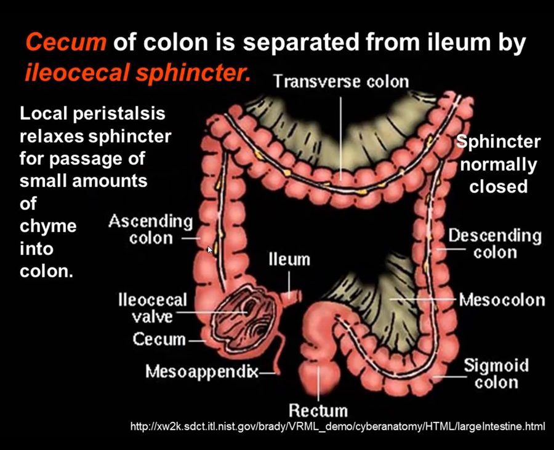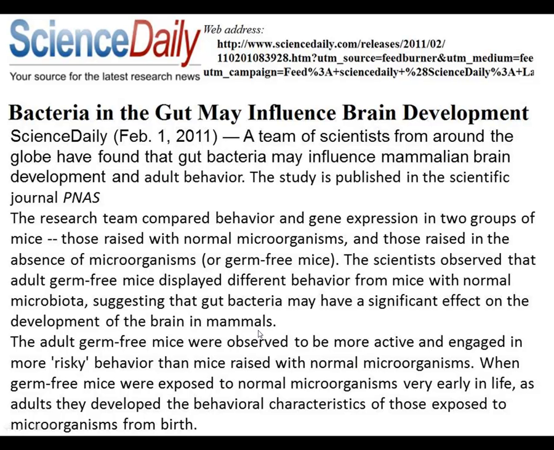The cecum of the colon is separated from the ileum by the ileocecal sphincter, and we agreed that we have many reflexes here, like the gastroileal reflex. When the stomach is full, then this will open up to allow the emptying of the chyme. You can see here is the ileum over here, and here is the cecum, and here is the ileocecal valve.